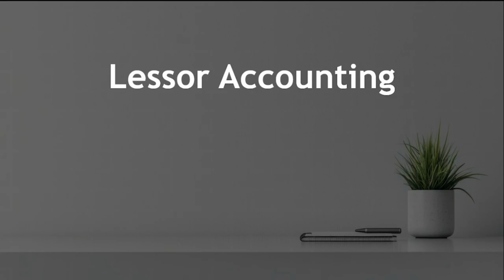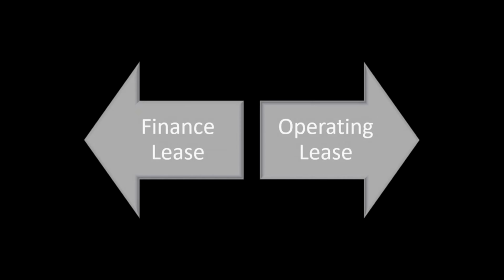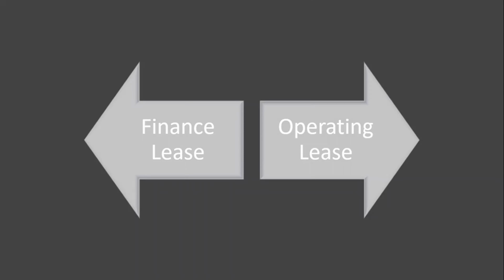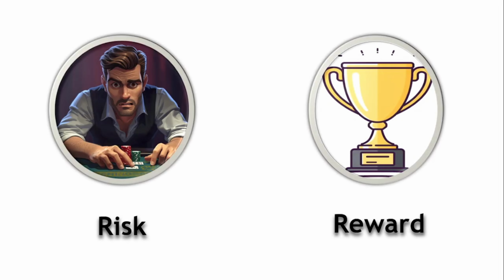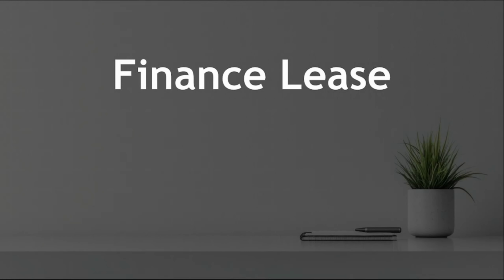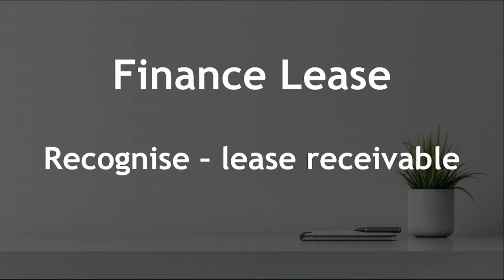Section 6, Lessor Accounting. For lessors, IFRS 16 introduced very limited change. Leases are still classified as either finance leases or operating leases, based on whether substantially all risks and rewards of ownership are transferred. In a finance lease, the lessor recognizes a lease receivable.